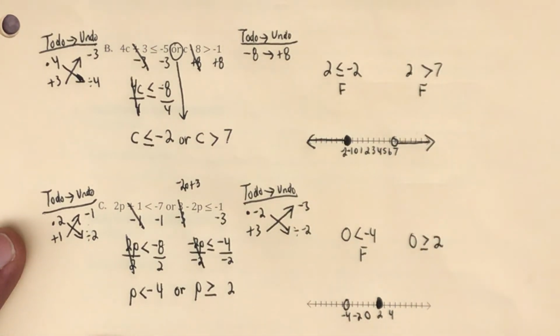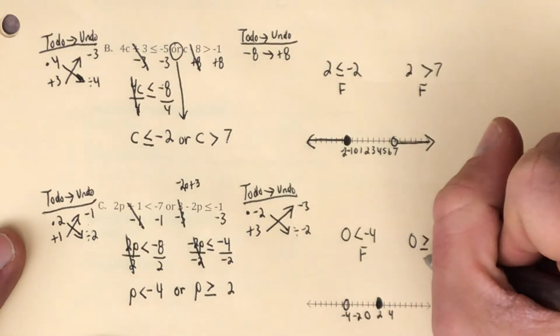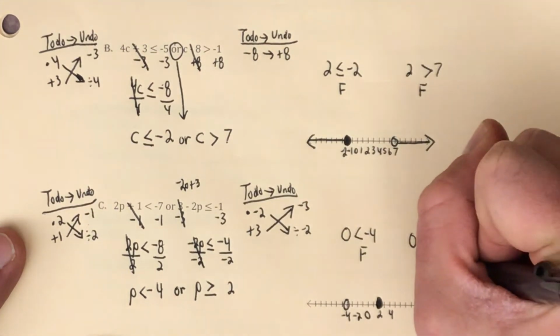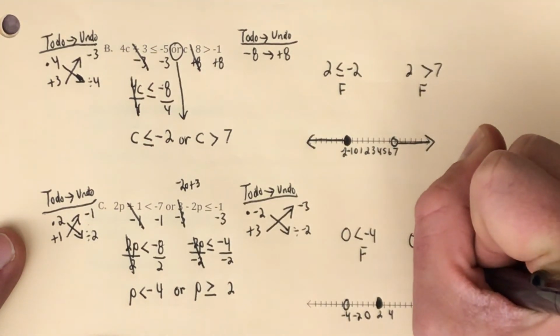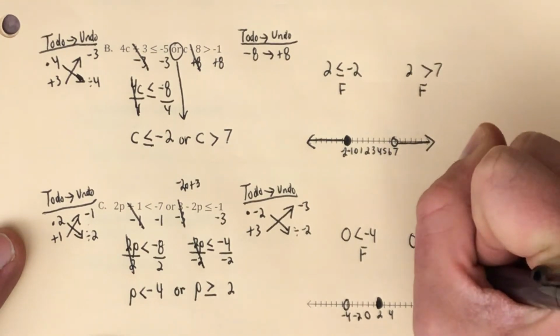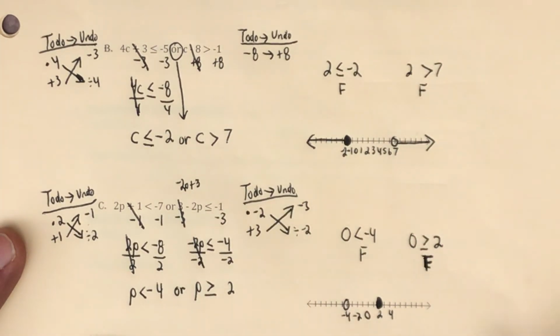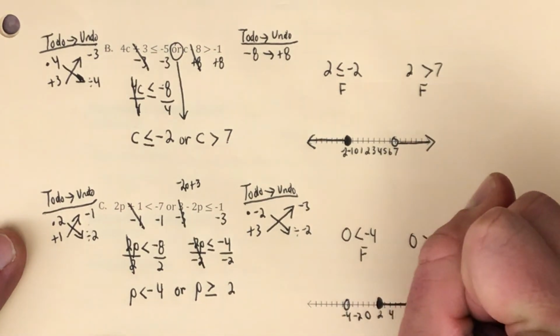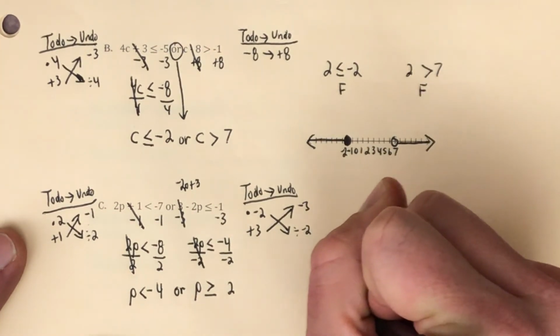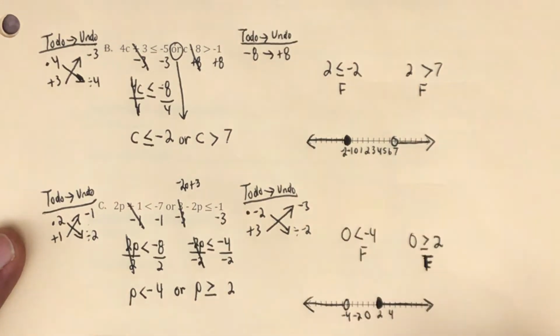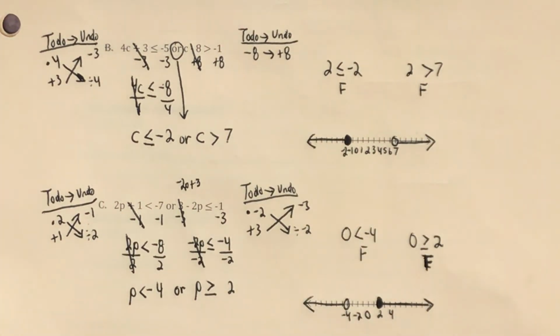Well, 0 is not equal to 2, and it is not greater than 2, so that is false. Excuse me, I almost wrote true. So that is false. So they both were false, which means nothing in between here is a solution. So that means I should have arrows going in opposite directions. And again, if we remember, compound OR inequality should always be two circles with arrows going in opposite directions.